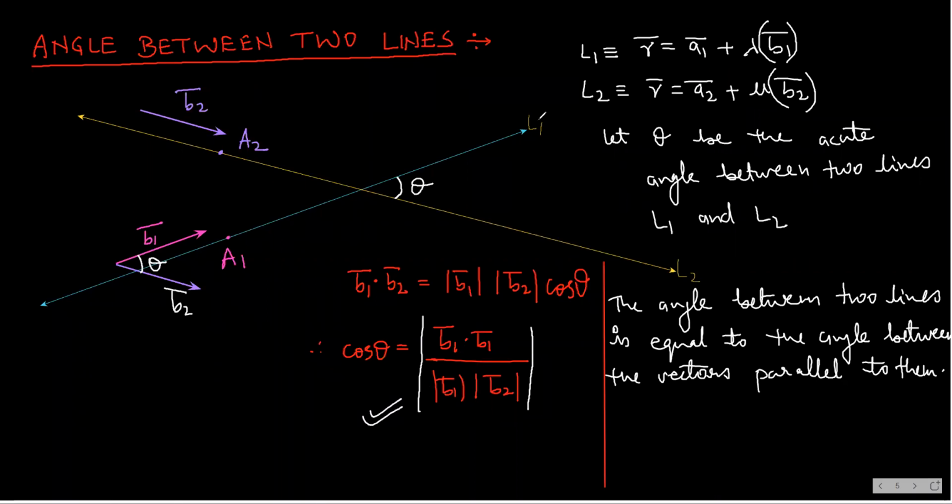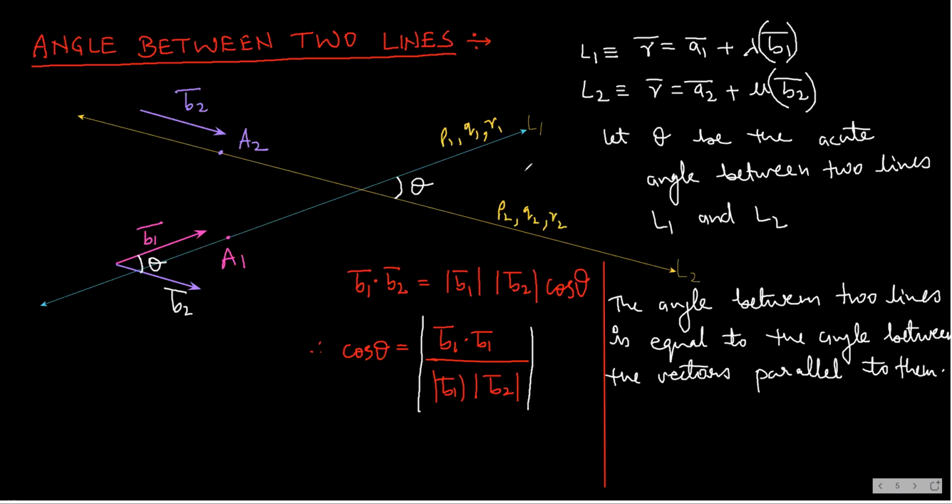How? Suppose I am given the DRS of L1 as P1 Q1 R1, and L2 as P2 Q2 R2. These are the DRS of L1 and L2 given.